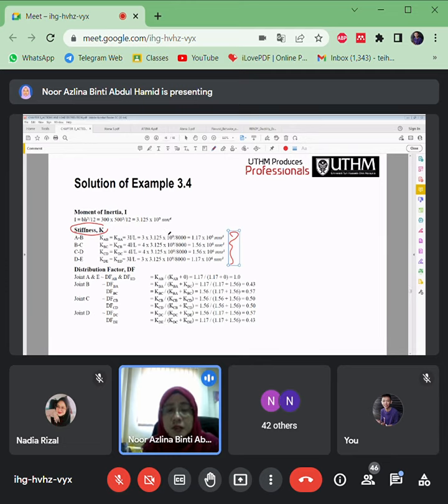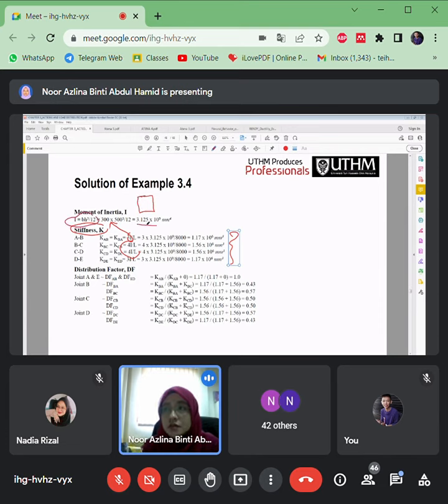Is it pin or roller? Then it is 3EI divided by L. If fixed or an internal member, it will be 4EI divided by L.